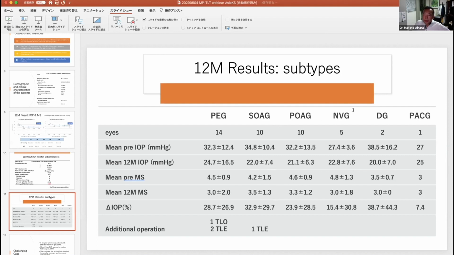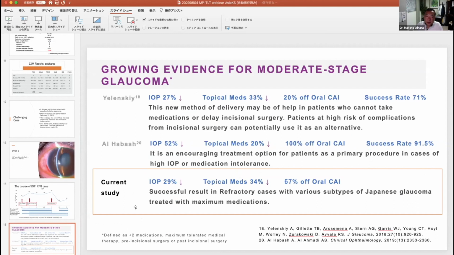In our cases of neovascular glaucoma, the IOP reduction is less compared to the other subtypes, around 15%. In almost all cases, the total IOP reduction is 29%, and we can reduce the medication 34%.